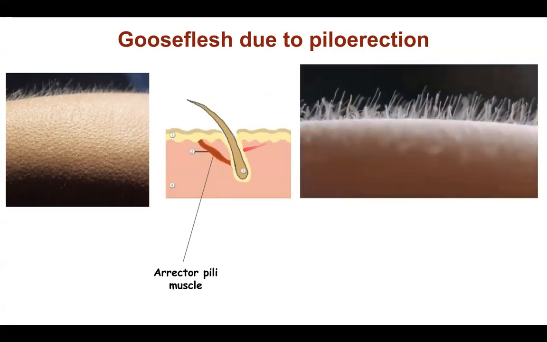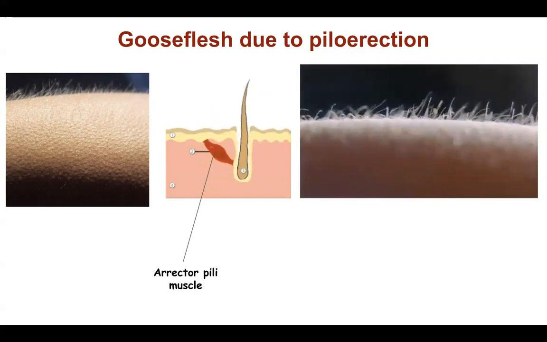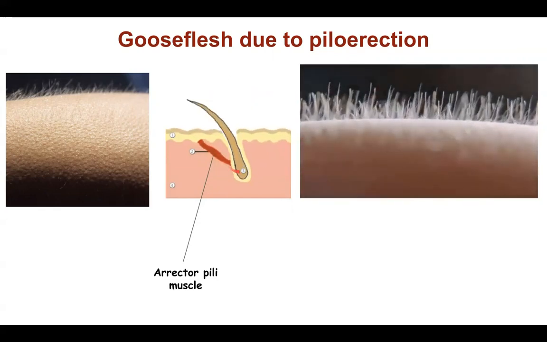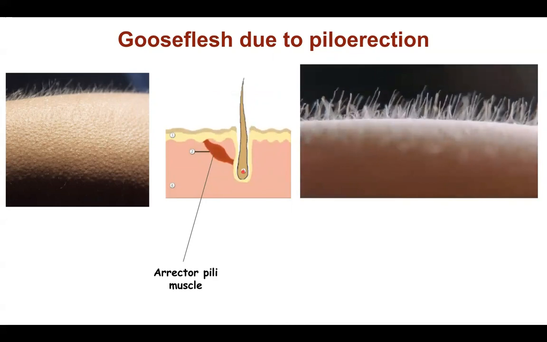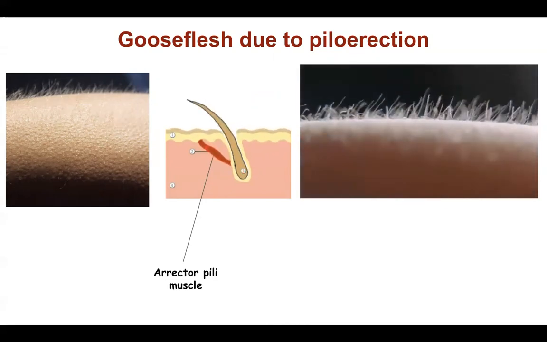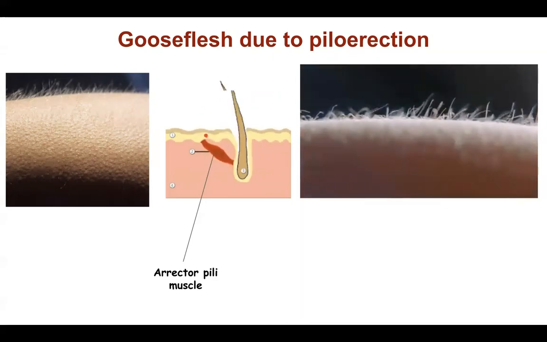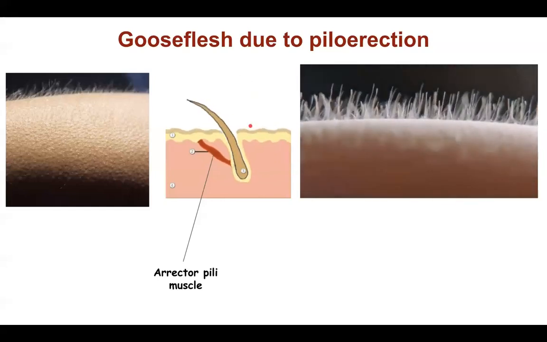In all these cases, there is a muscle which is attaching the dermis part of the skin with the hair follicle. This muscle contracts. When this muscle contracts, it will pull the hair, which is otherwise placed obliquely, into a straight position.